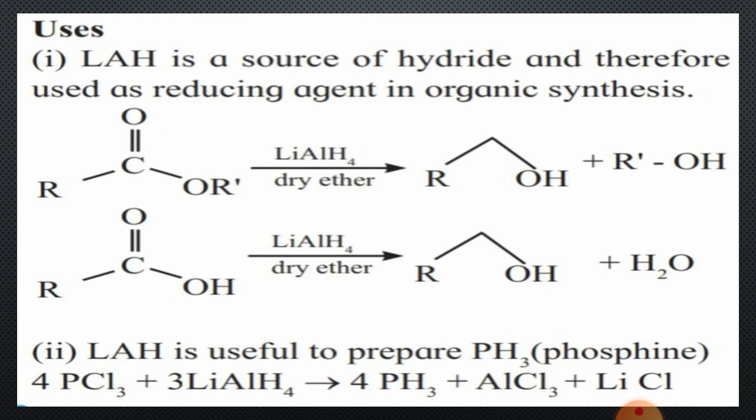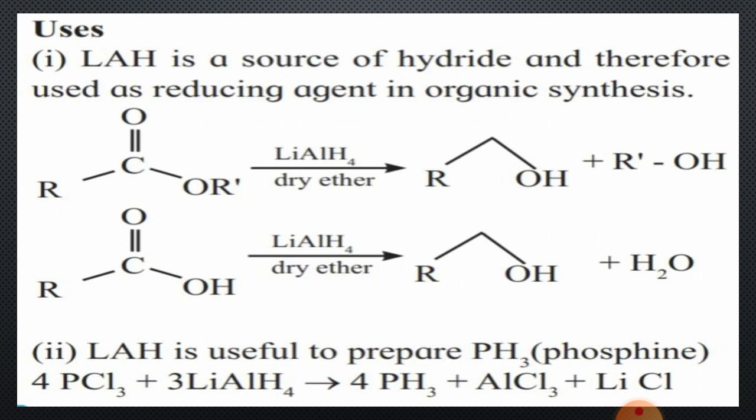When we carry out the reaction of ester with lithium aluminium hydride, which is a reducing agent, in the presence of dry ether, the reactant ester gets converted into alcohol.